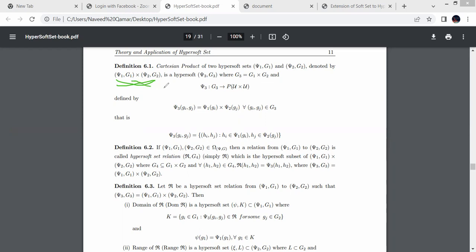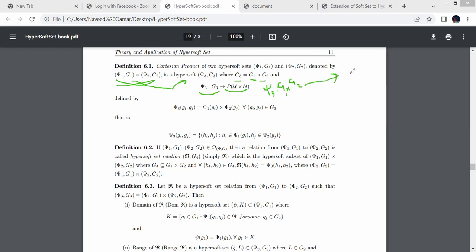This product can be represented as a third hypersoft set where G3 is equal to G1 cross G2, and the hypersoft set on G3 is the power set from U cross U. Means to say we can write hypersoft set 3 is from G1 cross product G2. This is G1, this is G2.